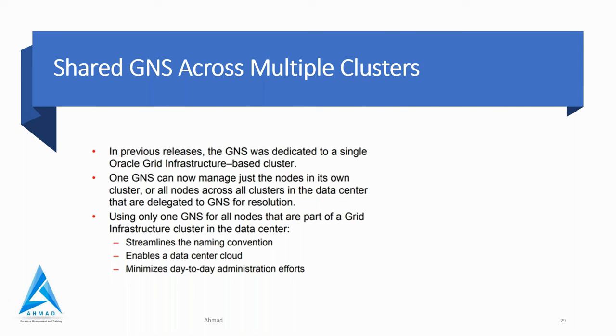So one GNS for all nodes that are part of the Grid Infrastructure gives you three benefits: it minimizes day-to-day administration effort, enables a data center cloud, and streamlines the naming convention. Cloud means when multiple nodes are there in one GNS.